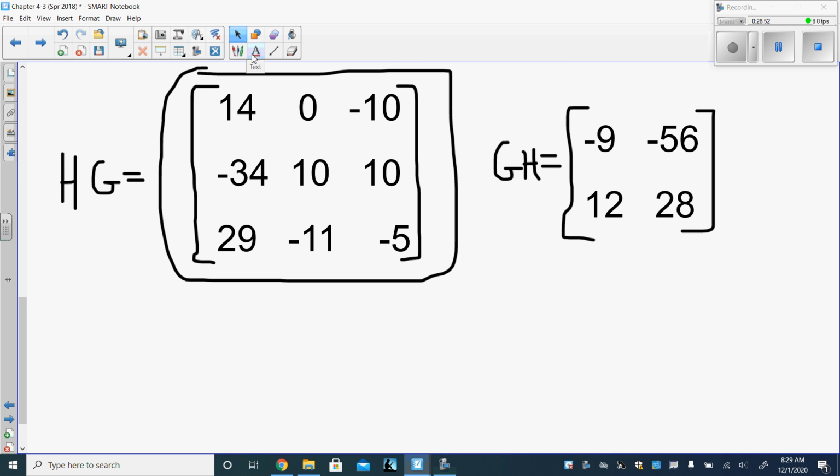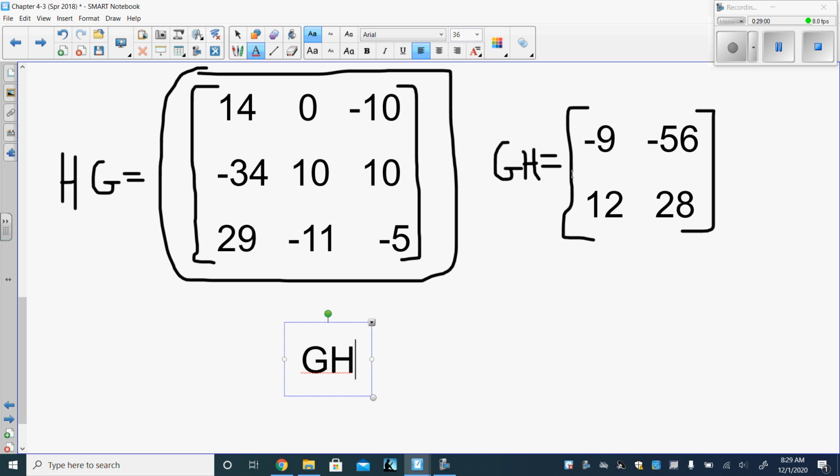Is H times G the same as G times H? Well, no. One of them gave us a 3 by 3, and the other gave us a 2 by 2. So G times H is not equal to H times G. Because as we can see here, that doesn't work.